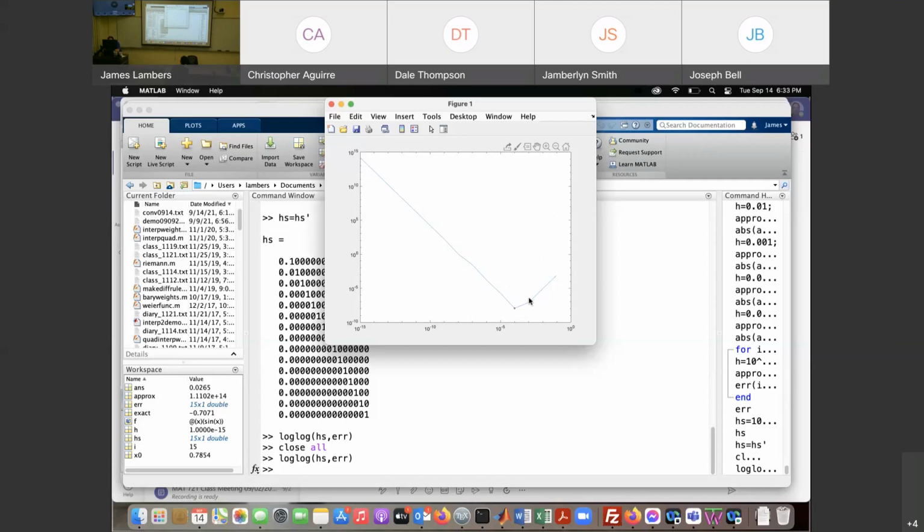What I should mention though is that here we have h to the minus 4, where it bottoms out. So h squared is on the order of 10 to the minus 8, which is roughly the square root of machine precision.